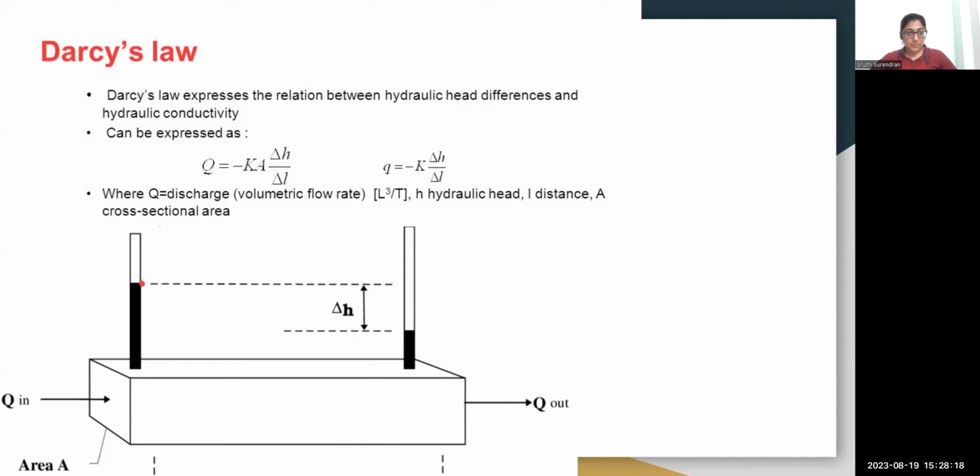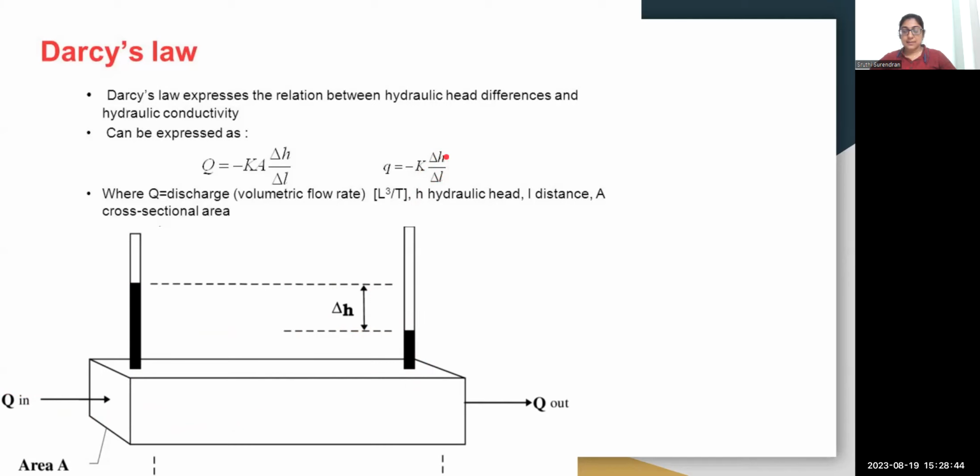If you insert a piezometer over here, you will find the pressure is at this level. And then if you insert a piezometer at the outlet and you see the pressure head is at this level, then the difference in pressure head is what the numerator is indicating. And the entire length between these 2 points is what delta L is indicating.